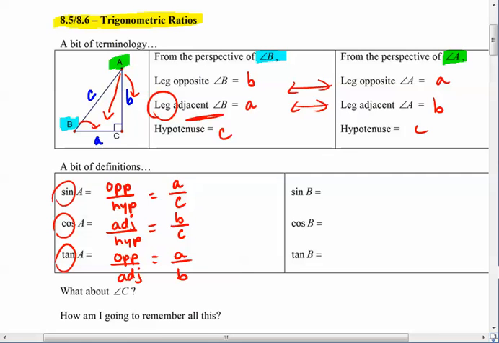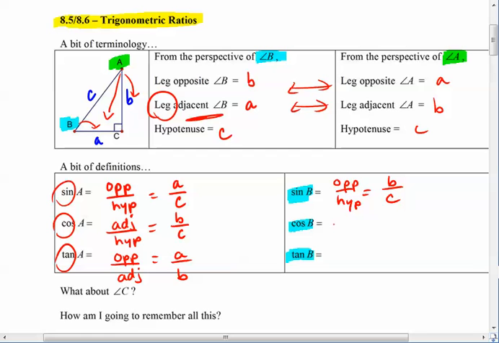Okay, but things look different. Again, we're going to change our perspective. Now we're using angle B, so I'll highlight those in the same color that we were using before. Let's see. Sine B, that's opposite over hypotenuse. That would be side B over C, the hypotenuse.